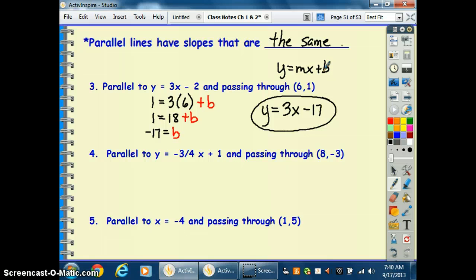Let's do the next one. Parallel to y equals negative 3/4 x plus 1, passing through (8, negative 3). Okay, so our y is negative 3 and our x here is 8. We don't know the b. That's what we're trying to find, this parallel line.